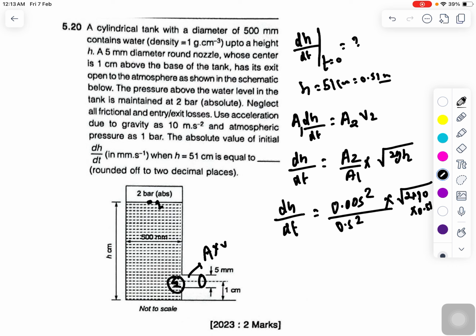So from here you will get the value 1.45 millimeter per second.